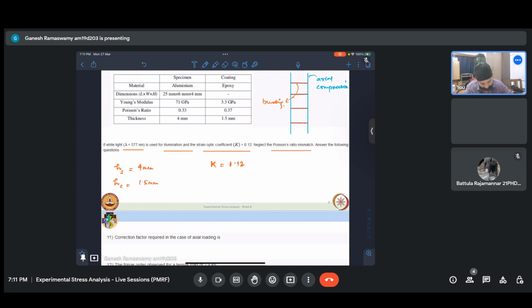K is given to be 0.12. Then E of the specimen is 71 GPa. E of the coating is 3.3 GPa. Poisson's ratio of the specimen is 0.33. Poisson's ratio of the coating is 0.37. So this is given.